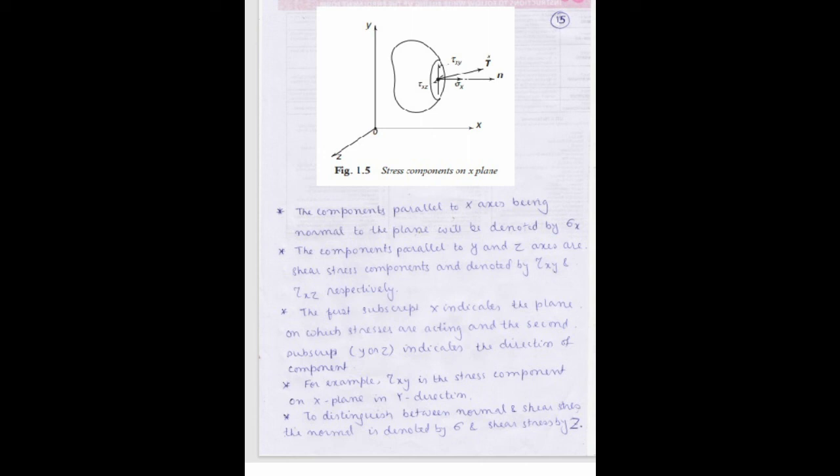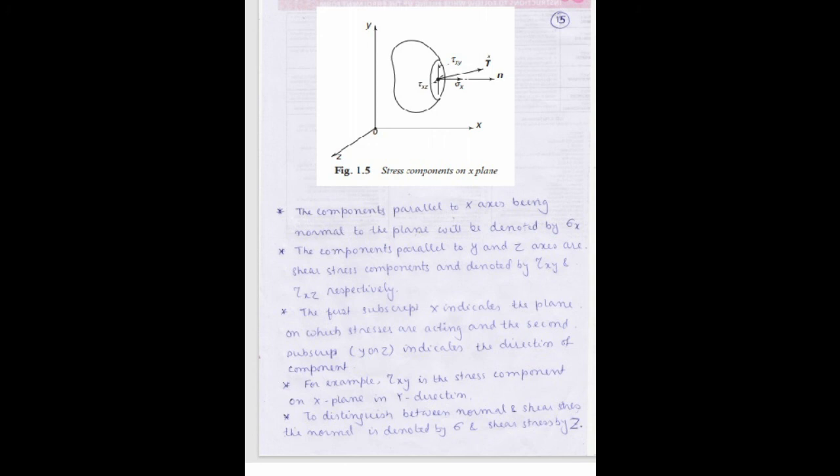The first subscript x indicates the plane on which stresses are acting, and the second subscript y or z indicates the direction of the component. So here in tau xy and tau xz, the first subscript x indicates the plane on which these stresses are acting, the x plane, and the second subscript indicates the direction of the component: the component in the y direction, the component in the z direction.